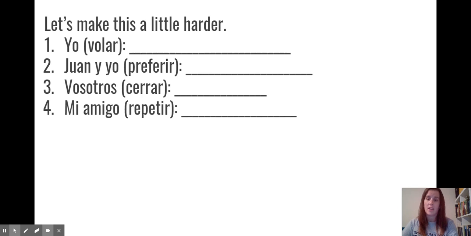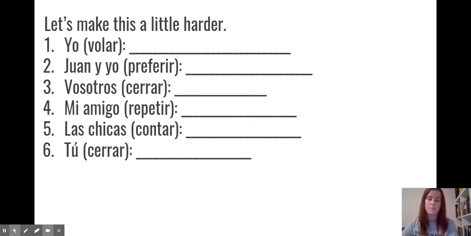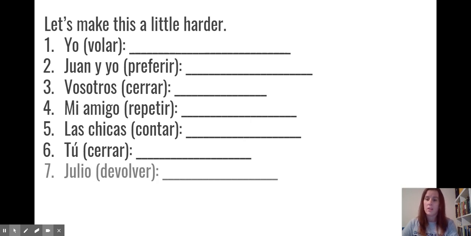Repetir is an E to I. Las chicas, contar. Contar is an O to UE stem changing verb. Tú, cerrar. Cerrar is an E to IE stem changing verb. It means to close. And then our last one, Julio, devolver. Devolver is an O to UE stem changing verb.